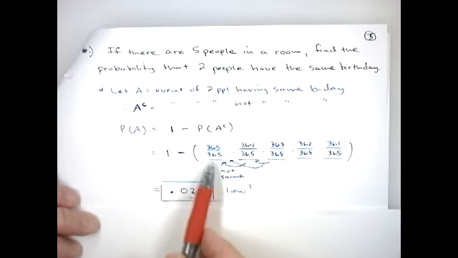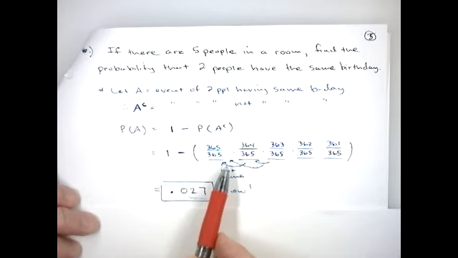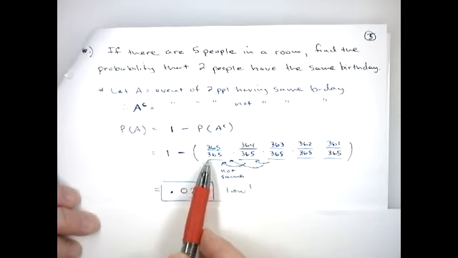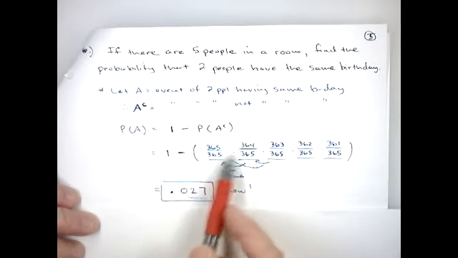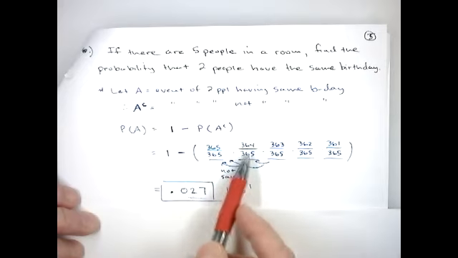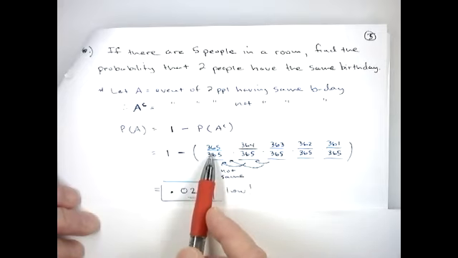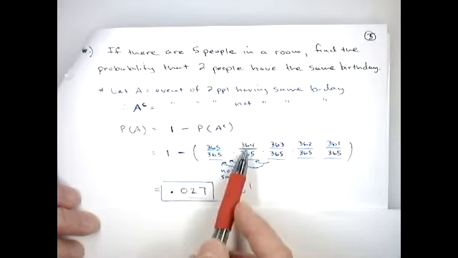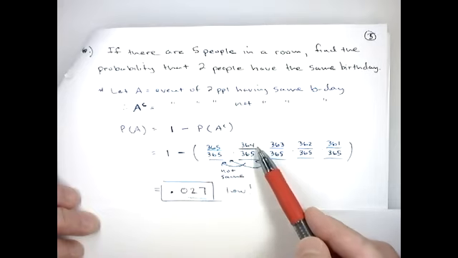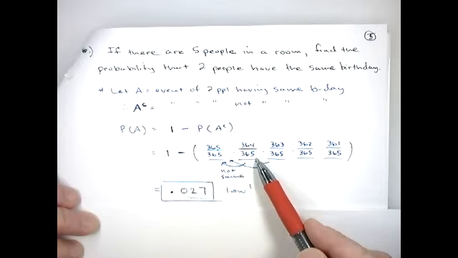And how you would do that, I put 5 blanks representing the 5 people in the room. The first person has a birthday, right? It could be any one of the 365 days, we'll assume non-leap year, out of the year. Now, for the second person, we're looking for the probability they don't have the same birthday as this person, which means that could have been any one of 364 days out of the 365, right?